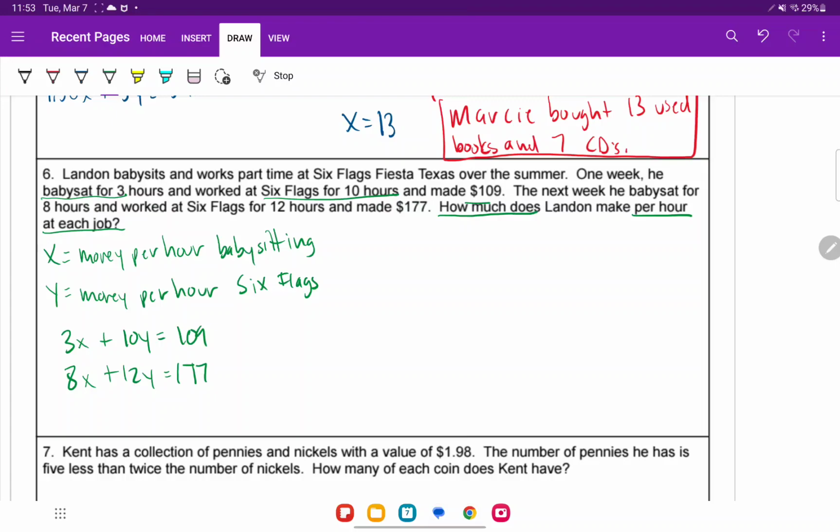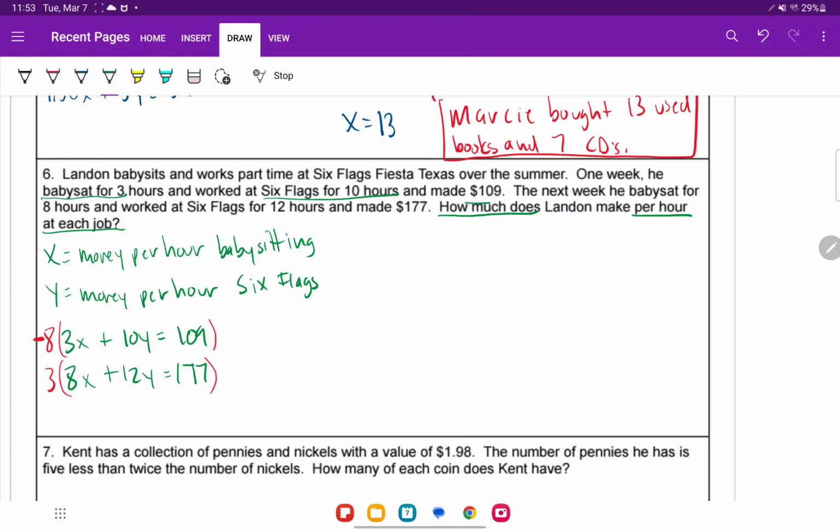All right, when looking at these here, there's nothing I can multiply to get one to the other. So what I'm going to do is eliminate my x's here. So I'm using elimination. I'm going to multiply the top by 8 and the bottom by 3. And one of them has to be negative, so I'll take the top one to be negative.